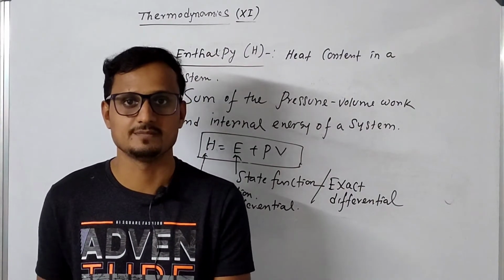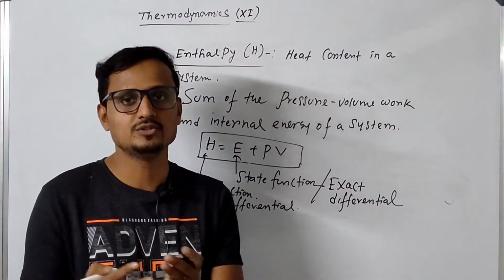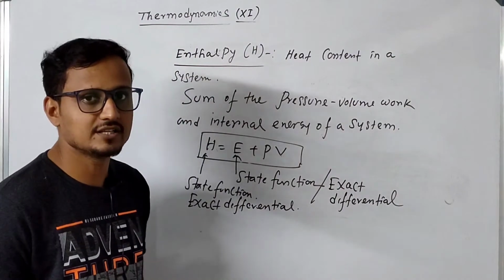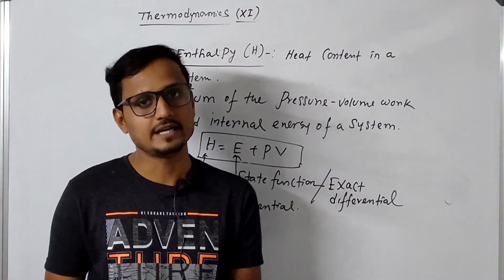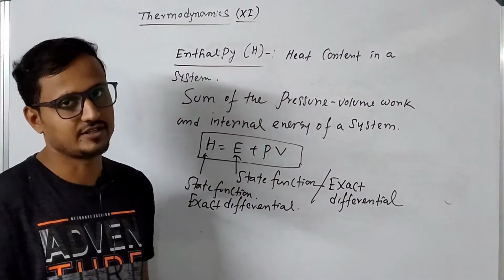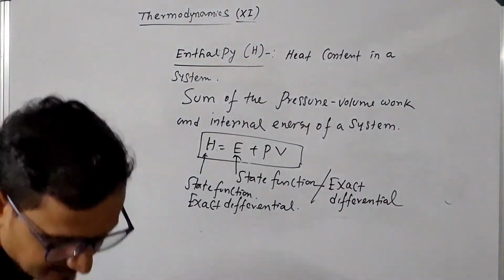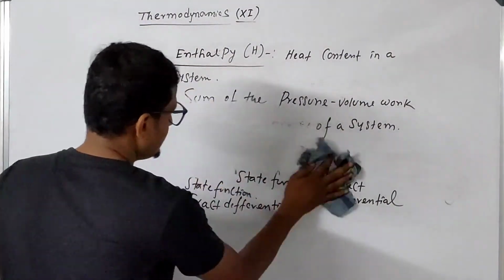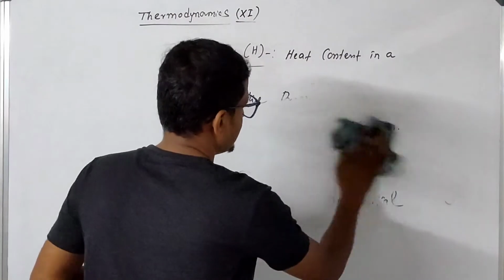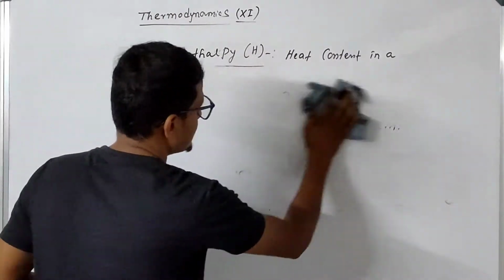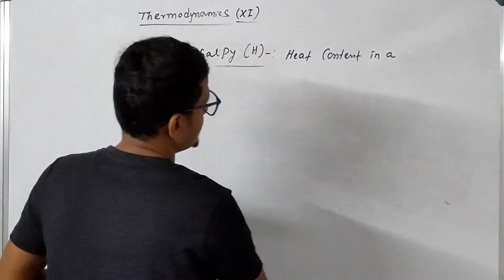That means heat of a system, that means Q is equal to del H. In which condition Q will be equal to delta H? So that one we have to find out. Okay, so we can see in which condition heat of the system is equal to enthalpy of the system.